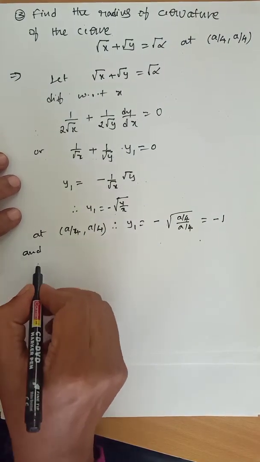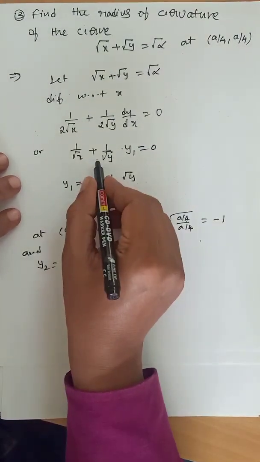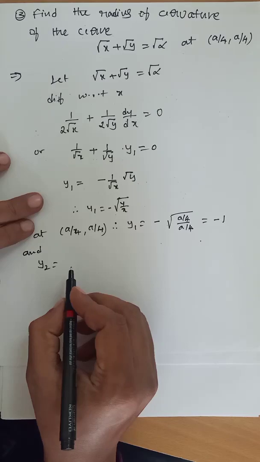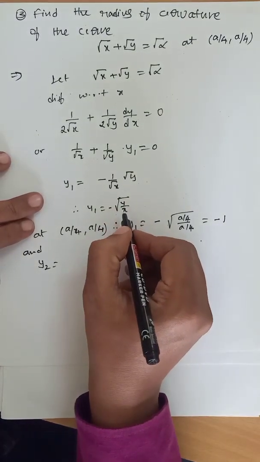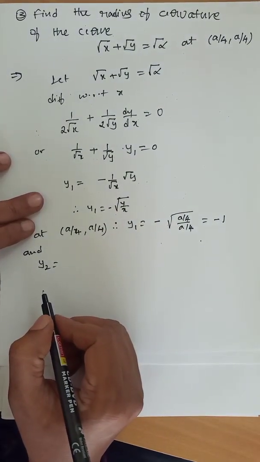And y2 is, we again differentiate this. This is u by v form.